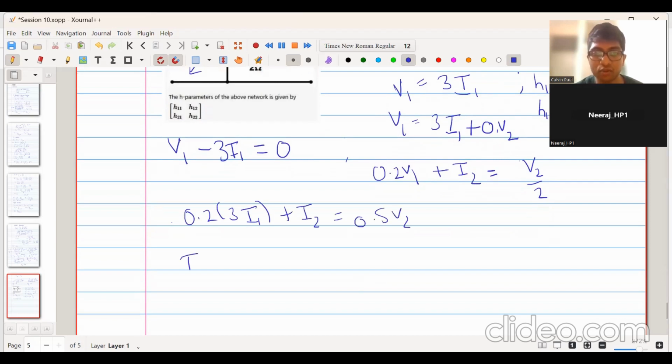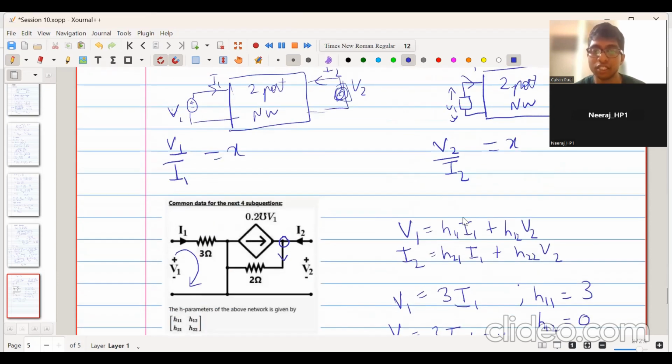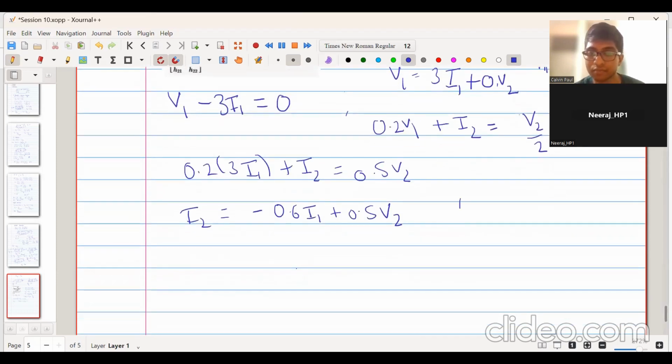So we get I2 equal to minus 0.6 I1 plus 0.5 V2. Comparing it with this equation, I2 is equal to H21 I1 plus H22 V2, we get H21 is equal to minus 0.6, H22 is equal to 0.5.